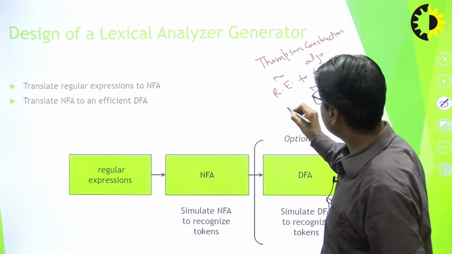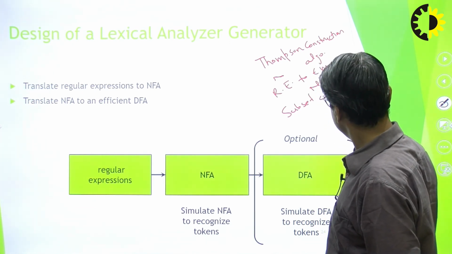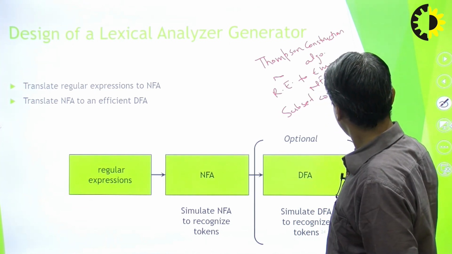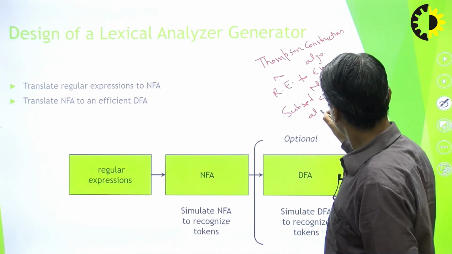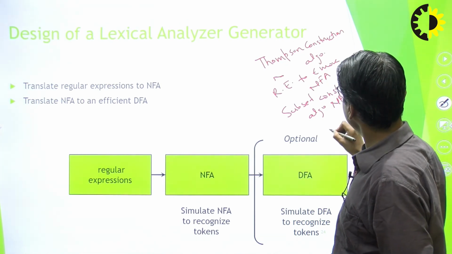After that, we have to apply the subset construction algorithm for converting this NFA into a DFA.